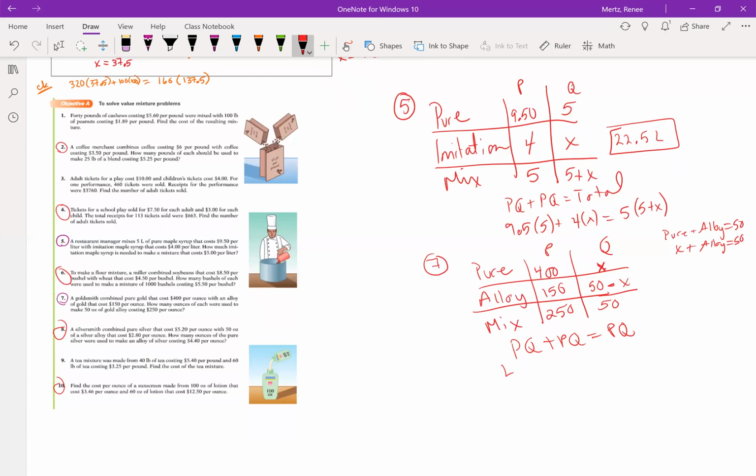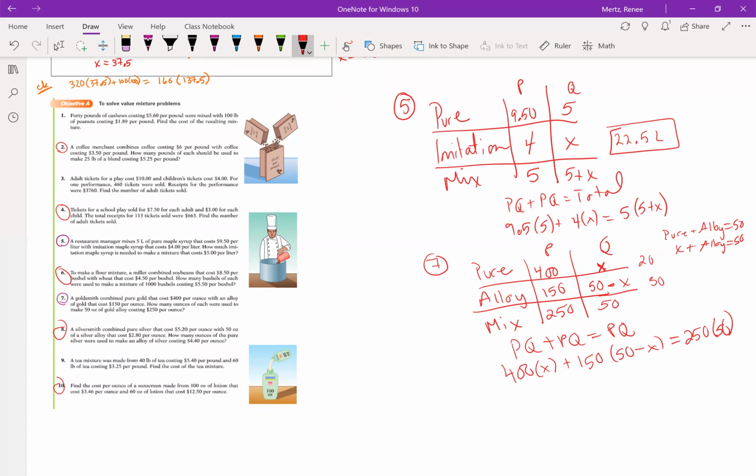Plug in 400 times X plus 150 times (50 minus X) equals 250 times 50, with the answer being how many ounces of each. We get 20 ounces of pure, 30 ounces of the alloy when you do the math.